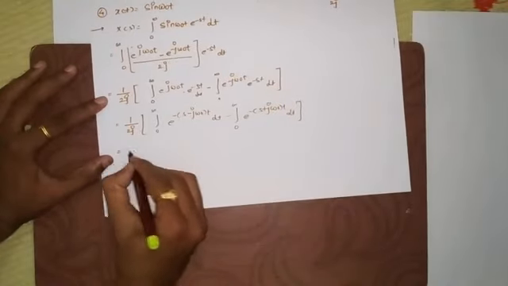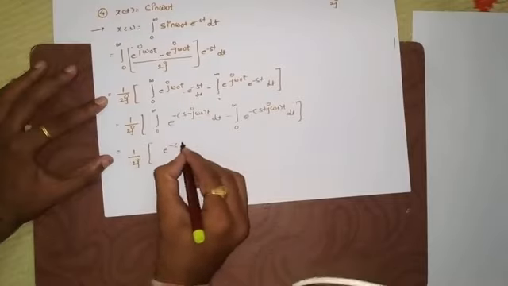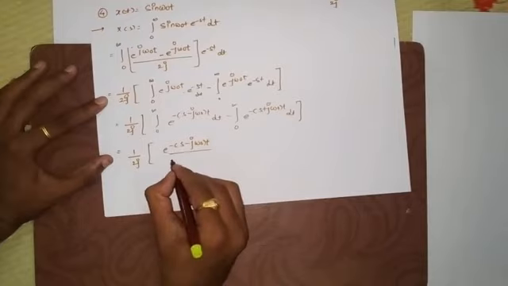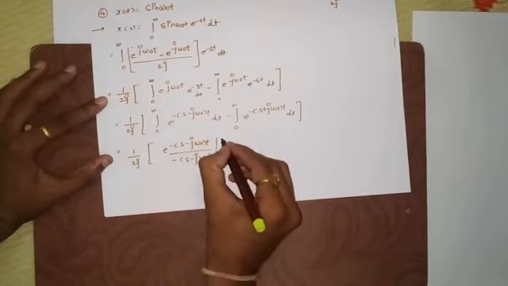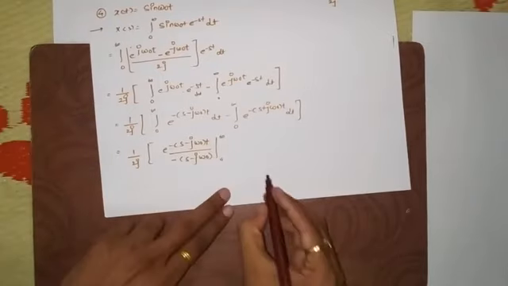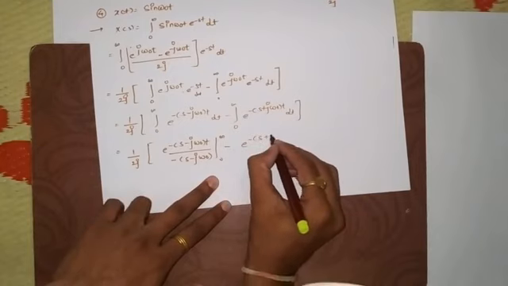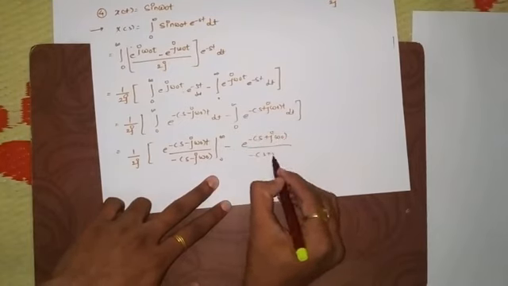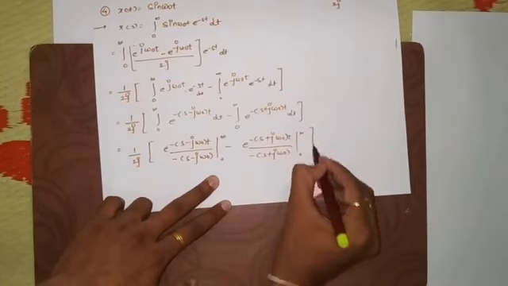Now we'll integrate this. 1 by 2j remains the same, the integration of e raised to minus s minus j omega naught t upon minus s minus j omega naught, the limit is from 0 to infinity, and the term e raised to minus s plus j omega naught t upon minus s plus j omega naught, limit again 0 to infinity.